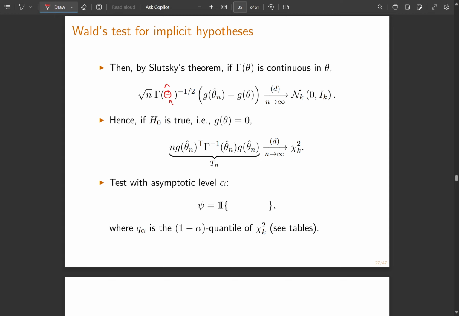That's what we're going to say here, because of Slutsky's theorem, if gamma of theta is continuous on theta.